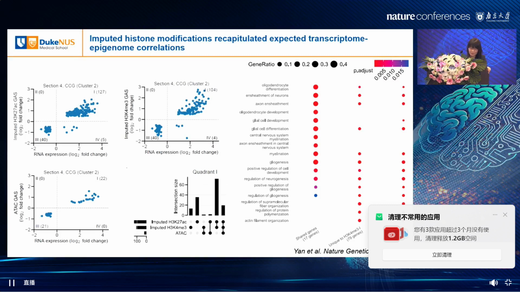What we found is that in the imputed modality, more genes show positive correlations, and those genes that show correlations in the measured omics modalities were also found in the imputed modality, but with imputation, we managed to identify more correlated genes, and these unique genes will also have biological meanings.